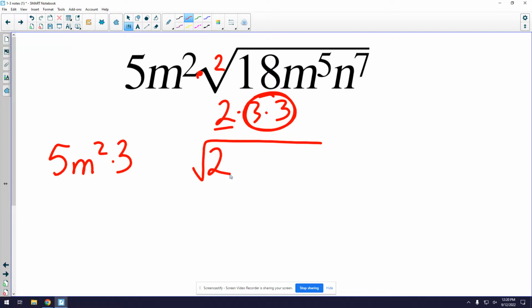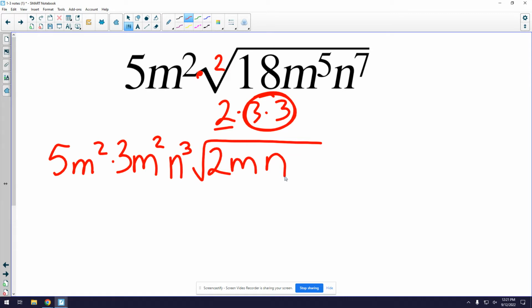M to the 5th means we have 2 groups of 2 and 1 left over. And n to the 7th, we need groups of 2 again. If you count by 2s, you get 2, 4, 6. That's 3 of them come outside. So n to the 3rd. But we only got up to 6, which means we have 1 more underneath.